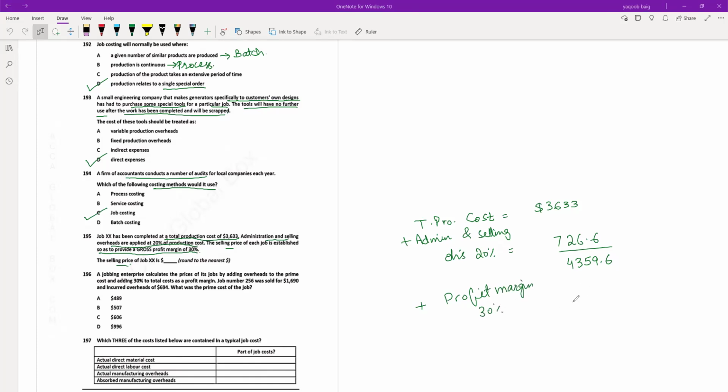30%. So now we will calculate profit once again with the same approach. Profit amount is equal to 4359.6 into 30 by 70, 1868.4.